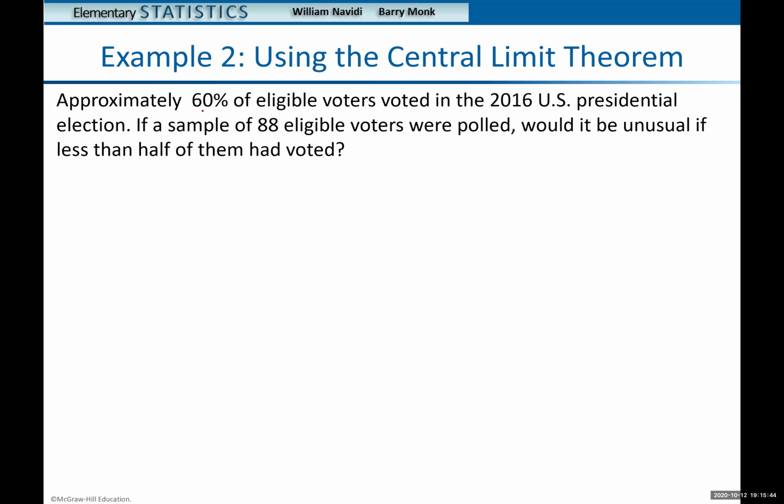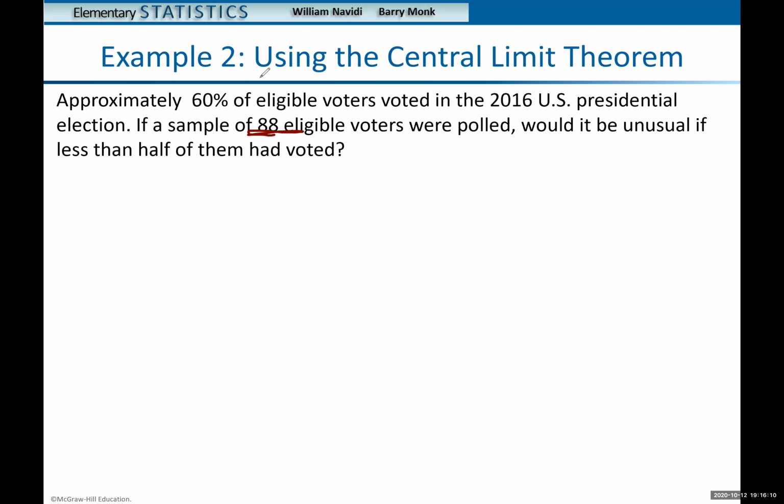If a sample of 88 eligible voters were polled, so 88, so that's the first thing you check. So this is n is 88, so definitely you have to use central limit theorem. And here, would it be unusual if less than half of them had voted?